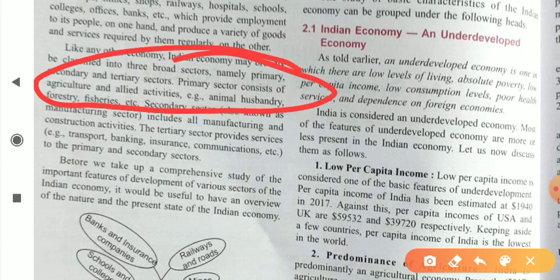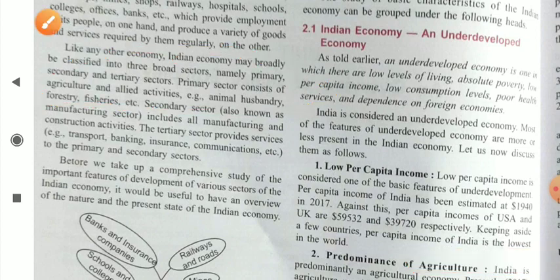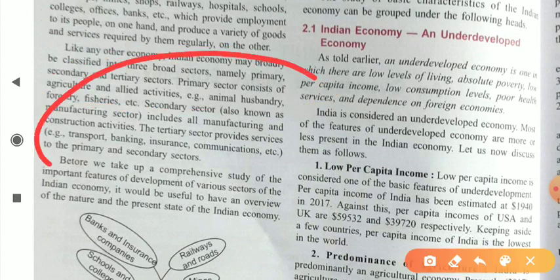Now the second point is our secondary sector. It is also known as the manufacturing sector. All the manufacturing work, like construction related work, is performed by this particular sector only. The contribution by this sector is the second most in our Indian economy.